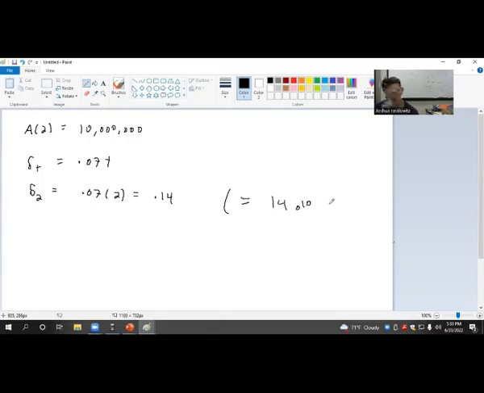So that means we're going to have 14% growth per year for very small time intervals near 2. Okay? So as long as we're very close to 2, for very, very small time intervals near 2, this fund is growing by 14% per year.